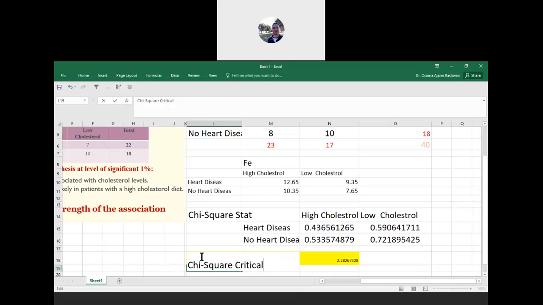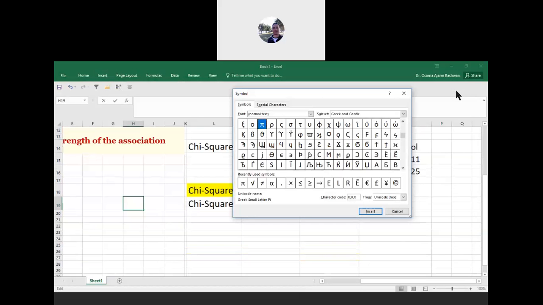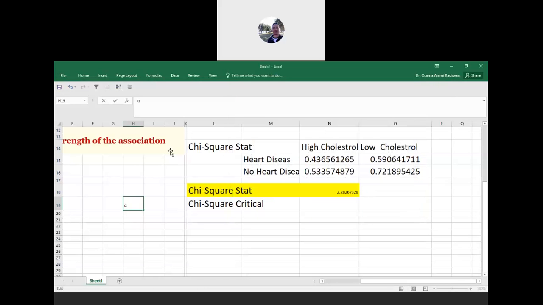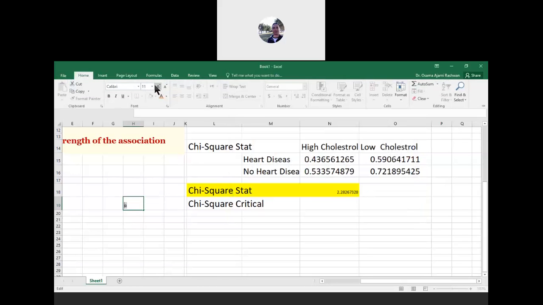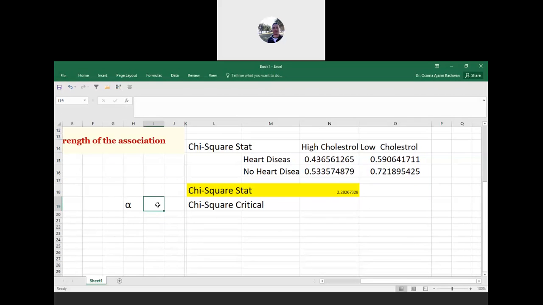So before, when I was talking about alpha, I'm going to insert it here. I have a symbol here called alpha, where is it? This is alpha. Okay, so I can insert alpha here. I can make it slightly bigger. Okay, this is alpha. What alpha do you need me to choose?